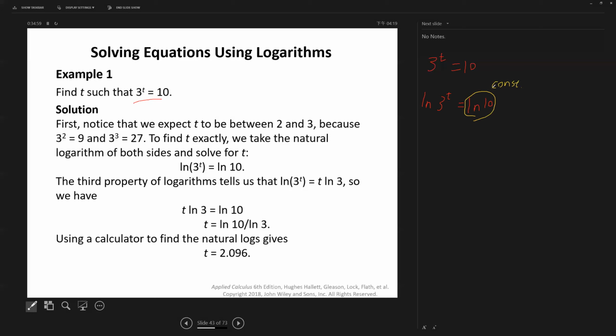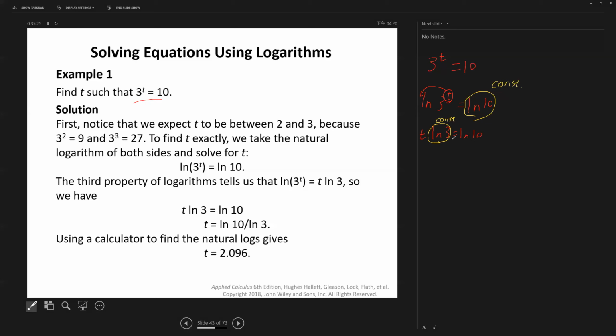We're just going to leave it in the form of ln. Now on the left-hand side, I'm going to apply the power rule, which means I can take this t and bring it to the front. So I get t times ln of 3 is equal to ln 10. Now notice that ln of 3 is also a constant.